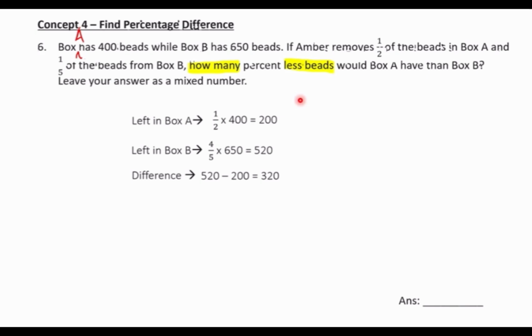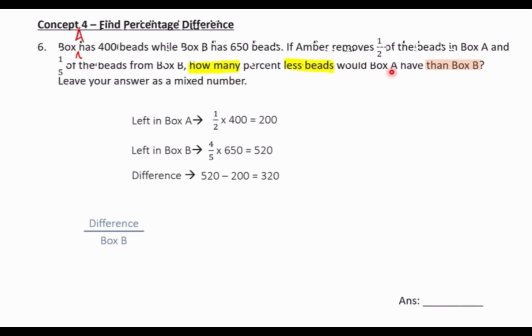So how many percent less beads would A have than B? The fraction you should form before you change to percentage is difference over, is it difference over A or difference over B? Now they say A, then box B. We're comparing A against B. If it's "then box B", then B is below. You need to understand the phrasing of the question.